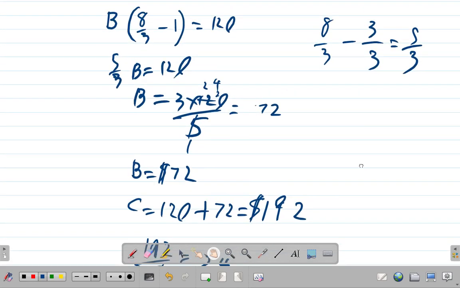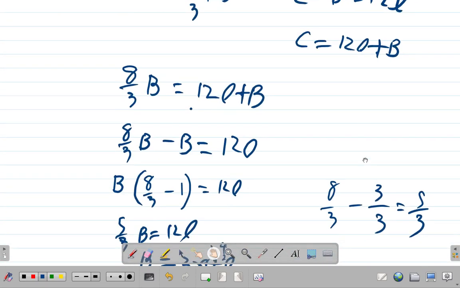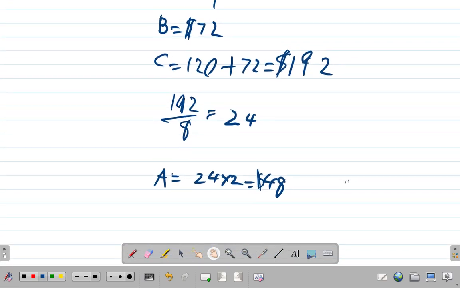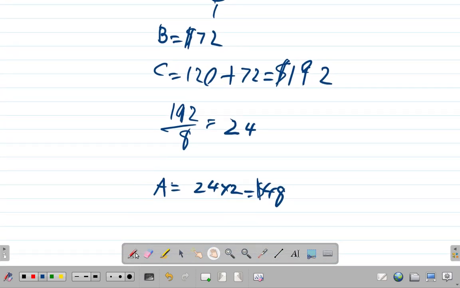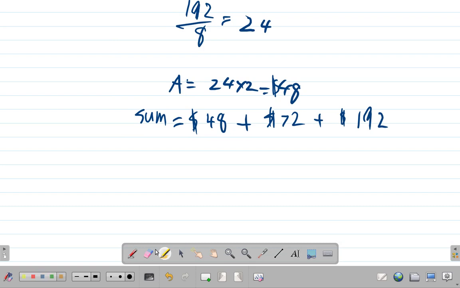They asked us for the sum of money shared. So you add all 3 amounts. The sum would be A's money, which is $48, plus B's money, which is $72, plus C's money, which is $192. So what you would have here is 192 plus 72 plus 48.